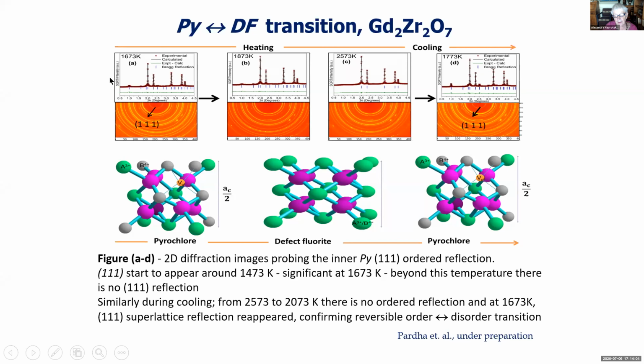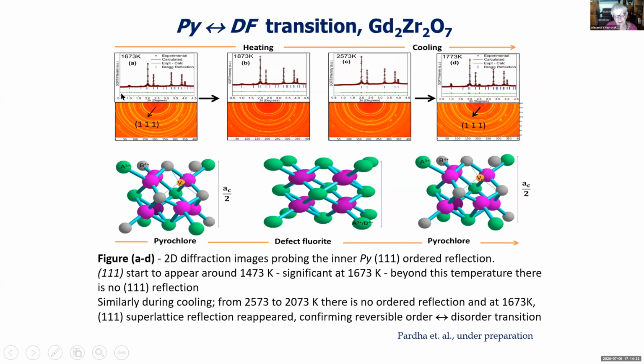I may say that because the rare earths and titanium, zirconium are relatively heavy atoms compared to oxygen, X-ray diffraction is inherently not very sensitive to what's happening on the oxygen sublattice. Neutron diffraction, neutron scattering is much better for that, and I will come back to that in the discussion of radiation damaged materials.